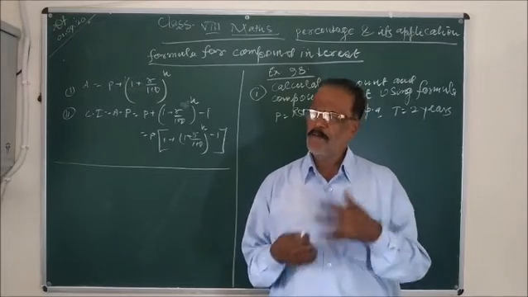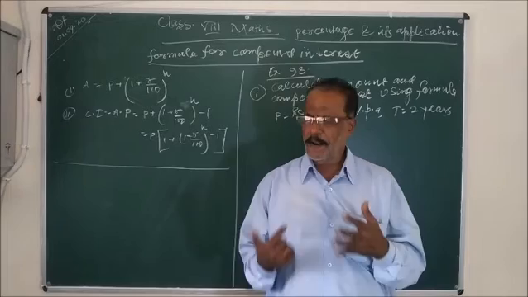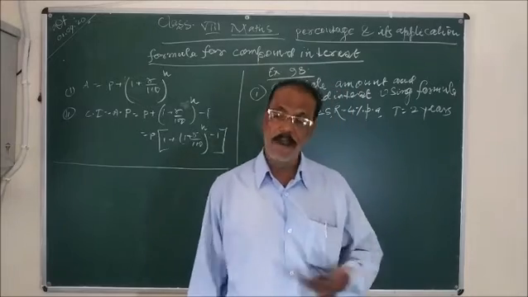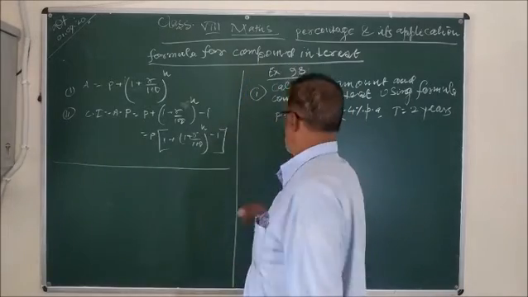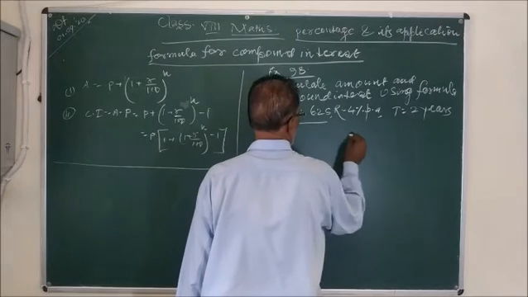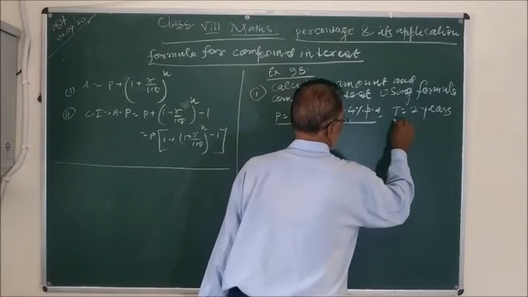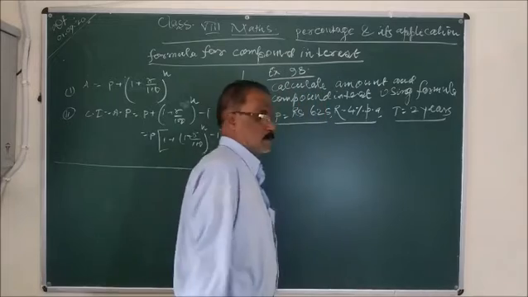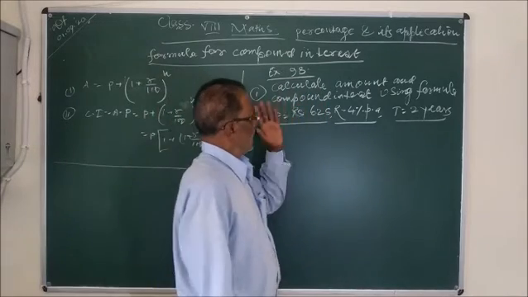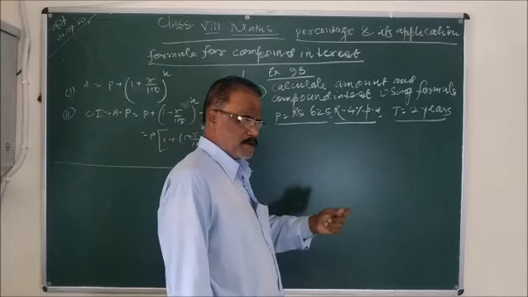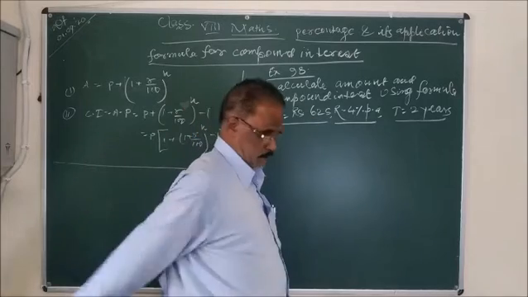So one by one you have to learn. Today we are learning annually, per annum. Principal we know, rate is given, time is also given. How can you find the amount and the compound interest?